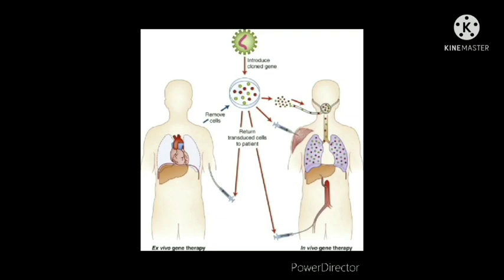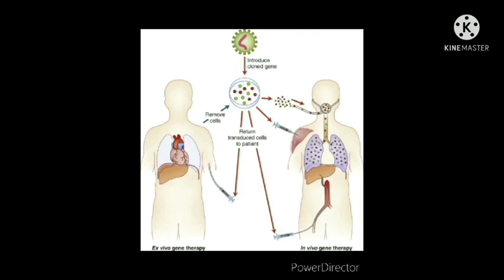Somatic gene therapy has two types, as shown in the diagram above. The two types of somatic cell gene therapy possible are ex vivo and in vivo. In the ex vivo form, the normal gene is introduced to cells removed from the patient.